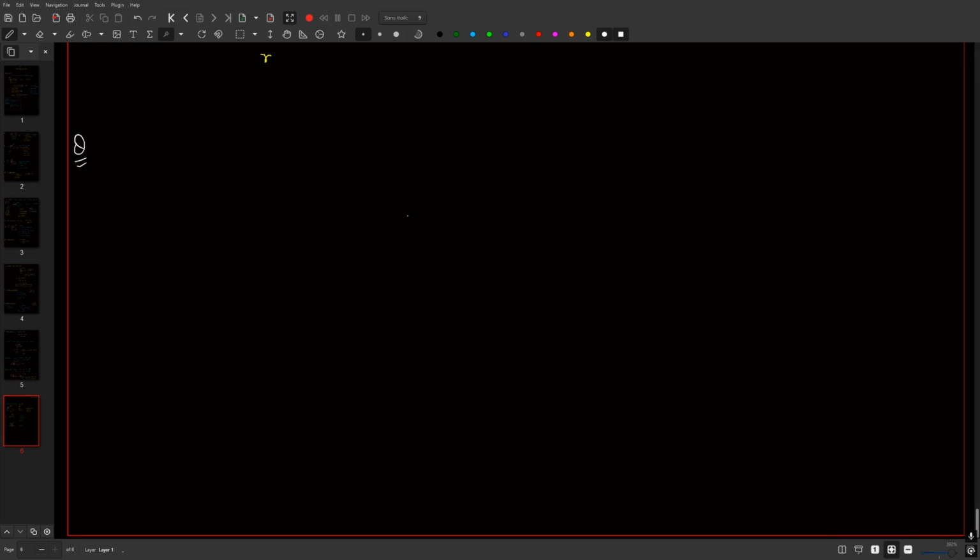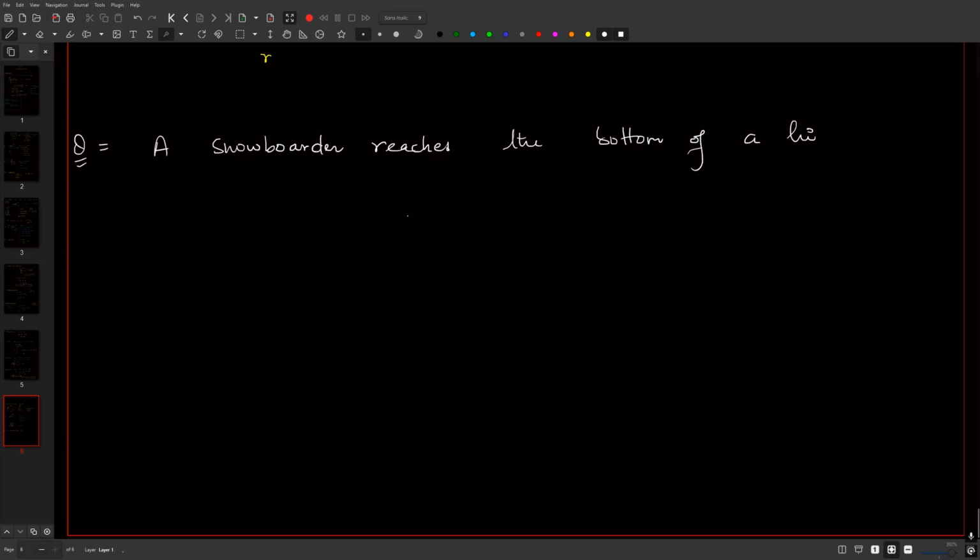All right, so the first question we have is, it says a snowboarder reaches the bottom of a hill and then glides to a stop in 16.4 meters along a horizontal surface.